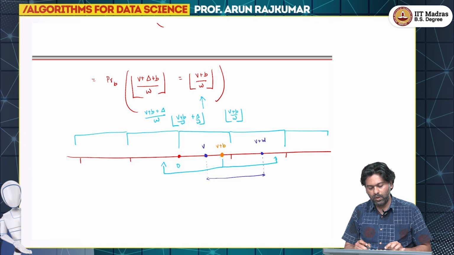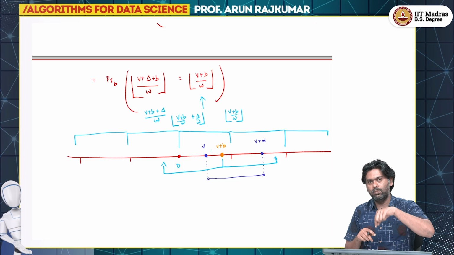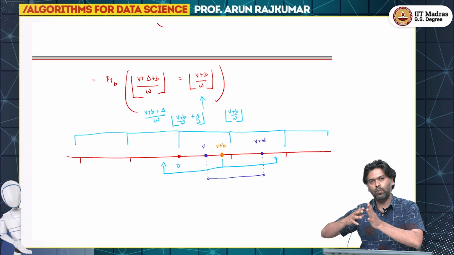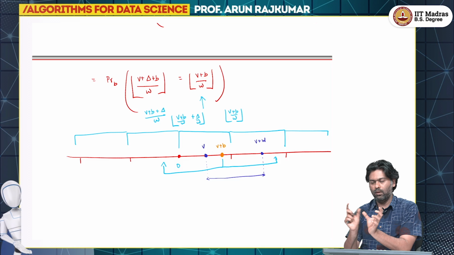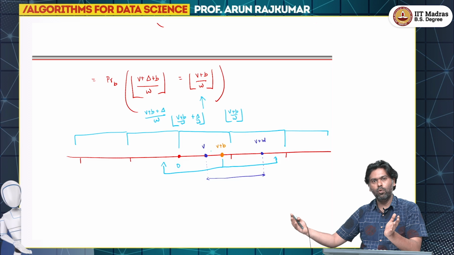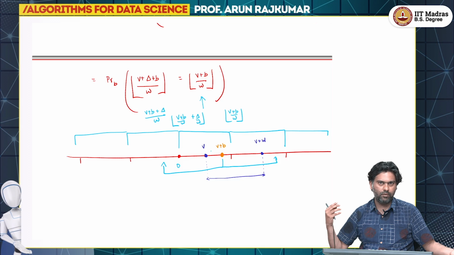Now it does not depend on where V plus B is, right. So, no matter where V plus B is, it will go to some box, but if the absolute value of delta is greater than W, the width, then no matter where in the current box V plus B is, if I add more than the width in absolute sense, it is going to go either to the right hand side or to the left hand side, right.